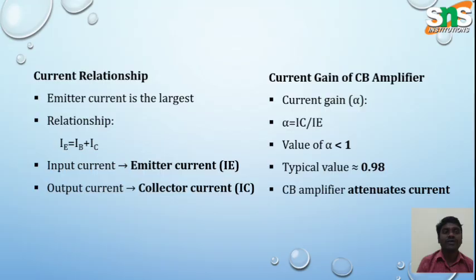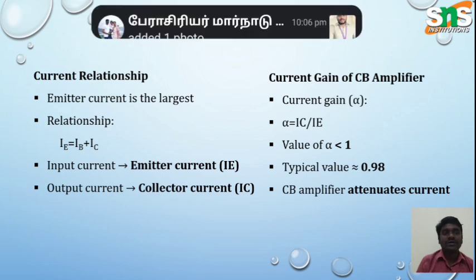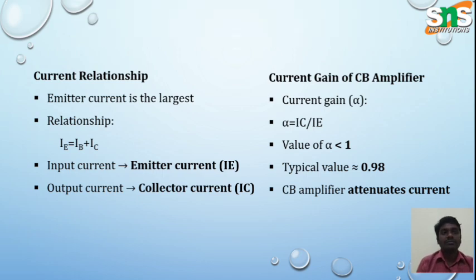The value of alpha is less than 1, because the signal is attenuated in the common base configuration. Typically the value of current gain alpha is approximately 0.98.